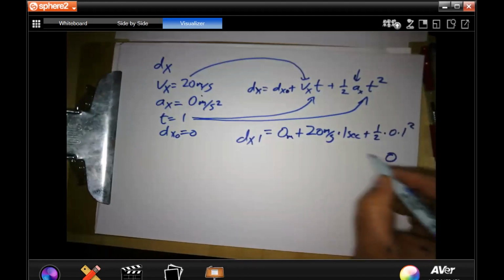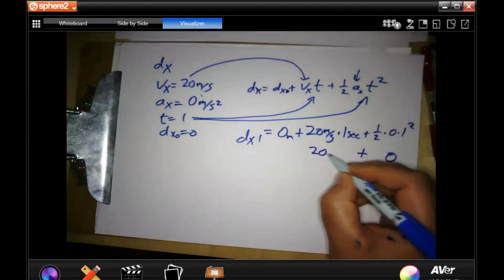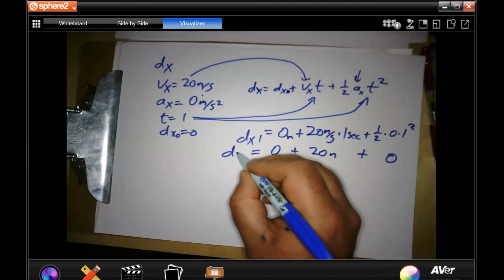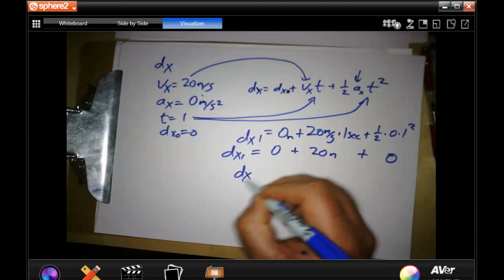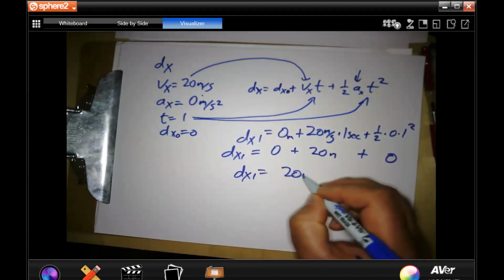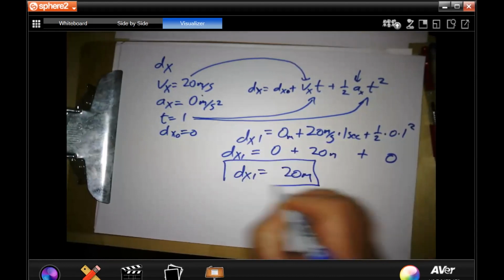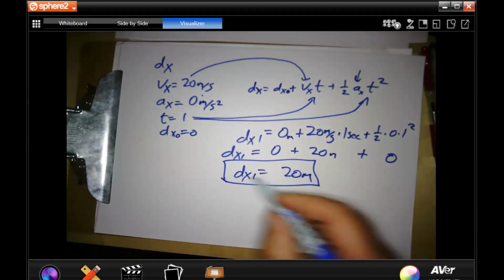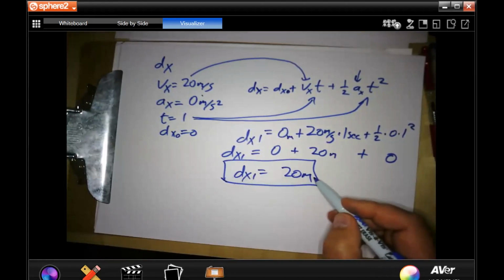So this is going to be 0 plus 20 plus 0. That's going to go in for my x in the cannon.